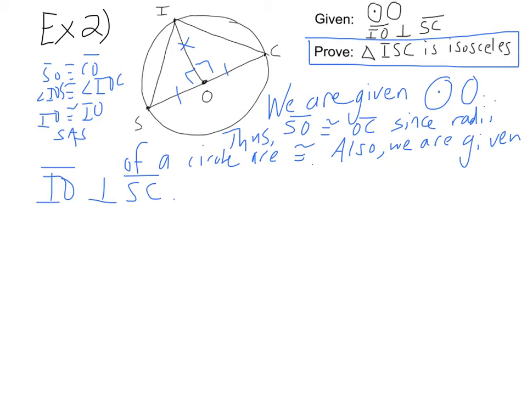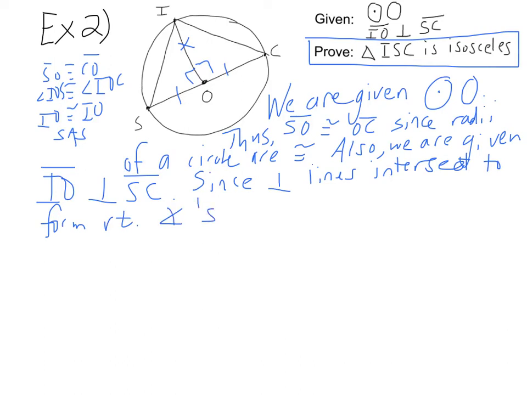So we can say, since perpendicular lines intersect to form right angles, we know that IOS and IOC are right angles.